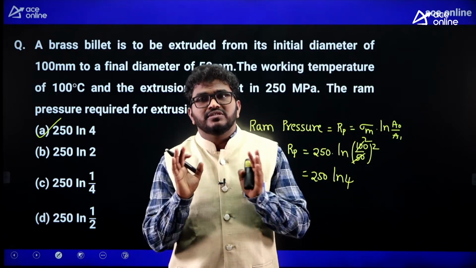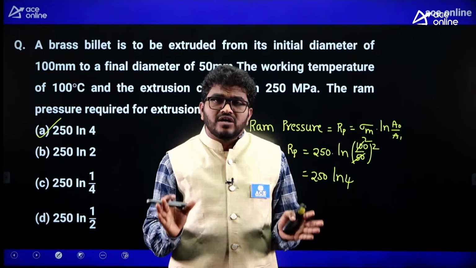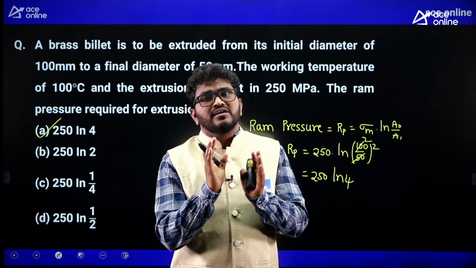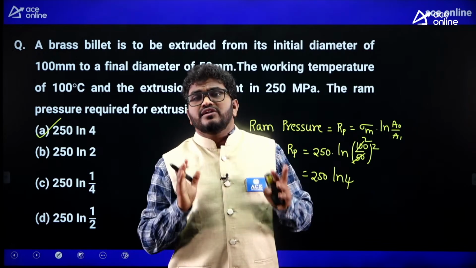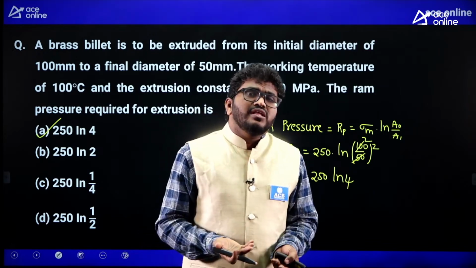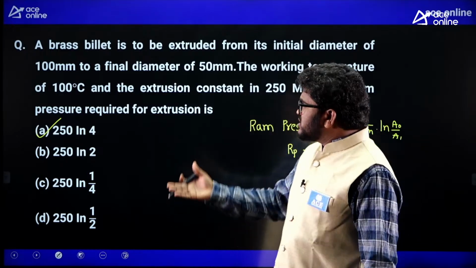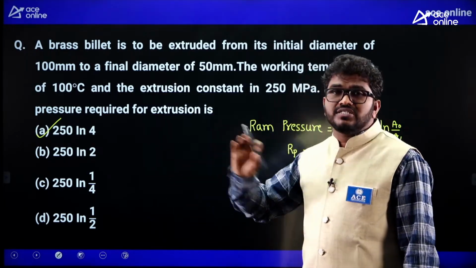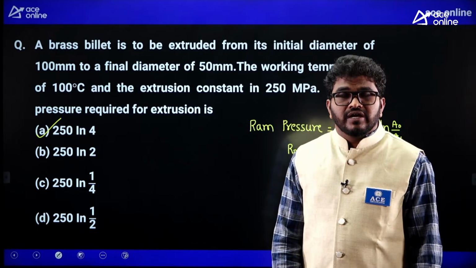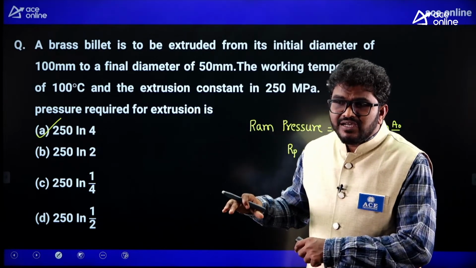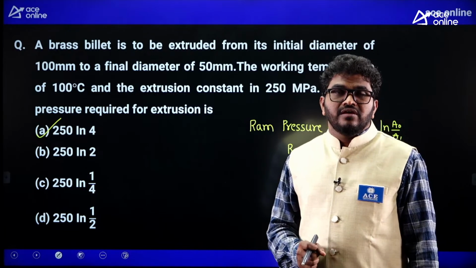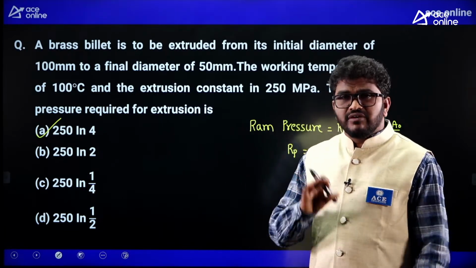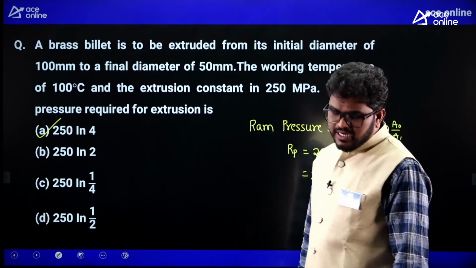These formulas you should remember because calculator is not allowed, so they will ask basic ideal formula related numericals. You need not use a calculator here because the answer is given in terms of ln only. This type of question will be asked in your exam, especially from metal forming: rolling, forging, extrusion and so on.